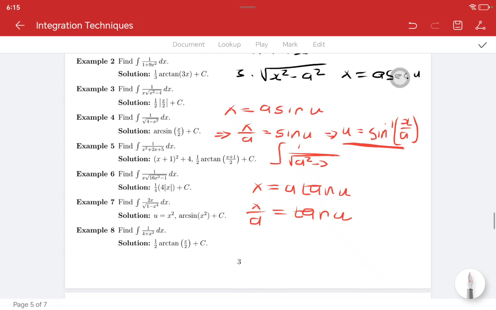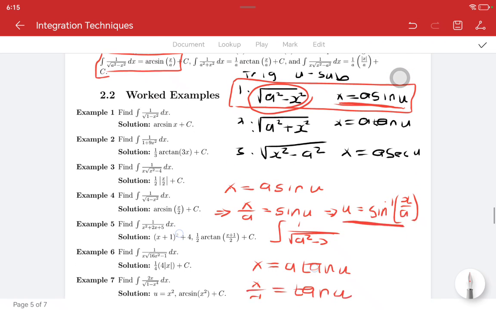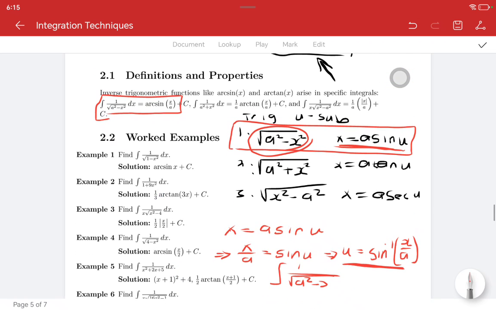Then u is also arctan x over a, and then I have to multiply this one by 1 over a, right? So this can also assist us to check that. If you check this one also, it was multiplied by 1 over a. So these two are always going to be multiplied by 1 over a.